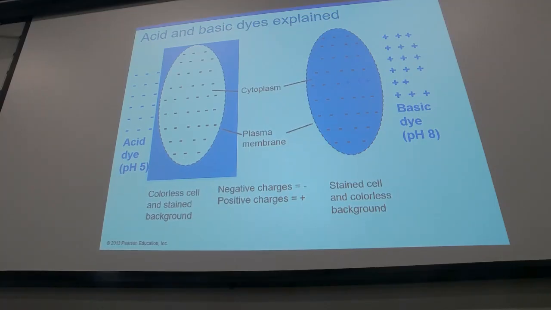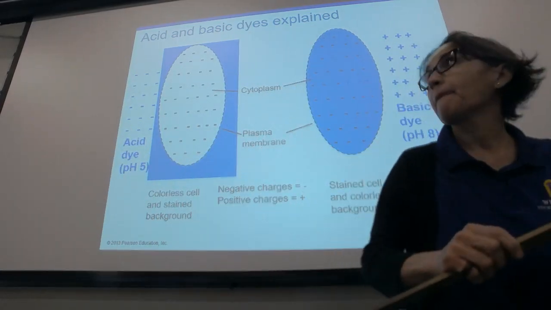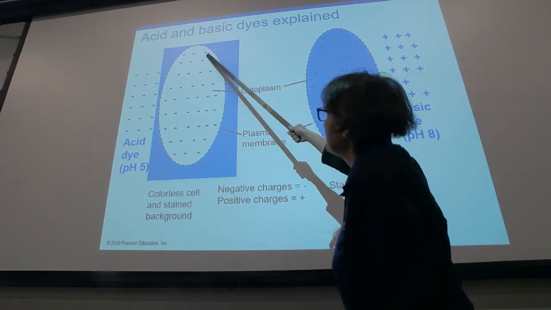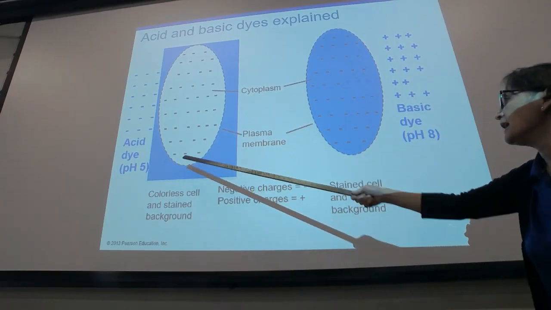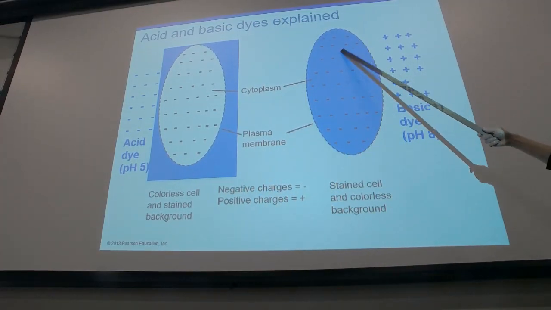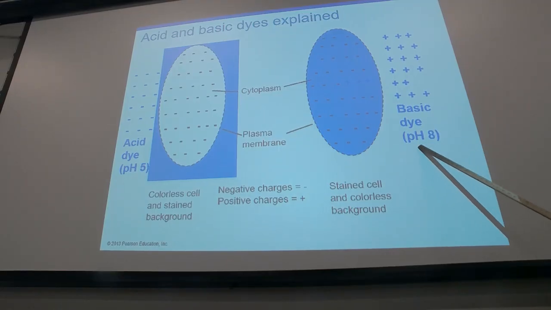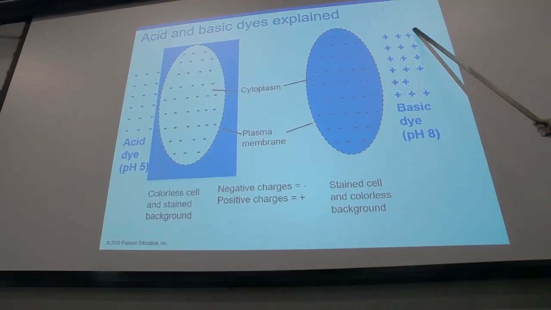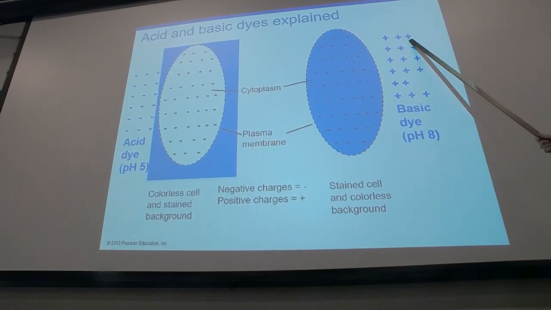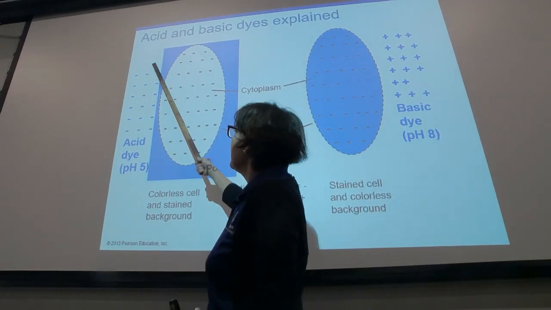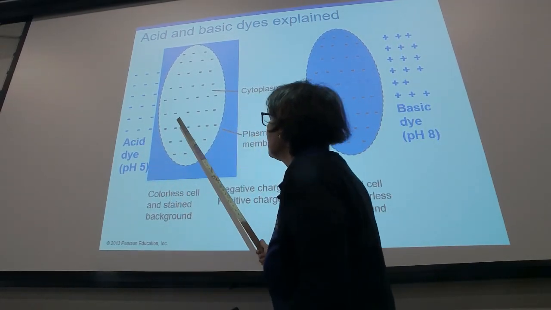So here is an illustration of this principle of staining. On the left side we have an acidic dye, pH 5, and on this side we have a basic dye, pH 8. A basic dye has positive charges, so this is a cation. An acidic dye has a negative charge.